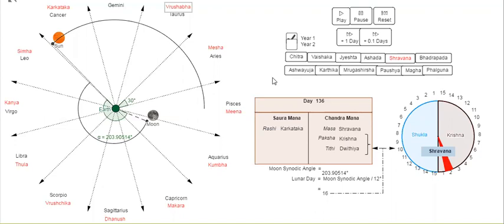So, as you can see from here, this is the zodiacal sky.